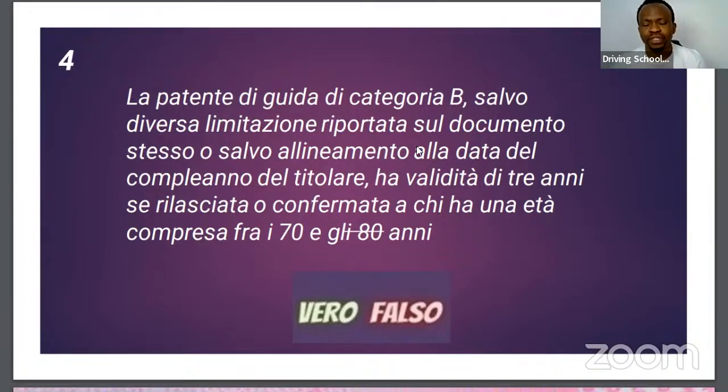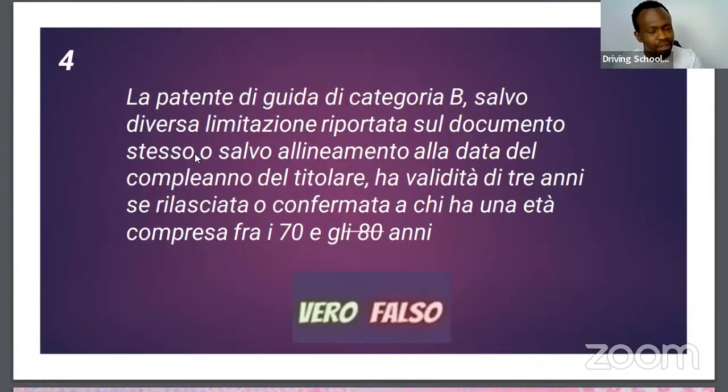unless it is reported or indicated in that license, for example, if you have taken note of a carta de identità. It might not be everybody, and that is why they wrote it here, salvo diversa limitazioni riportata sul documento stesso.